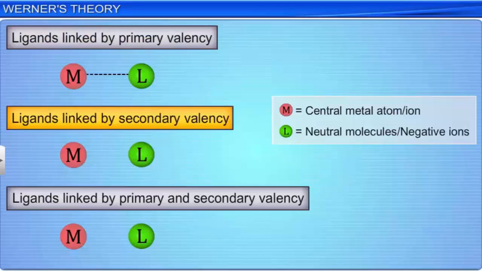If a ligand satisfies both the valencies, then it is shown by a thick as well as by a dotted line, and it is said to exhibit dual character.